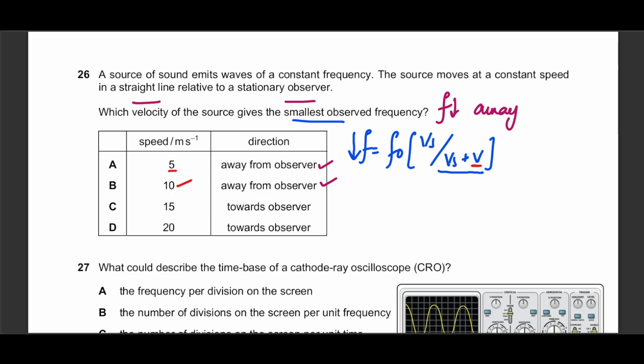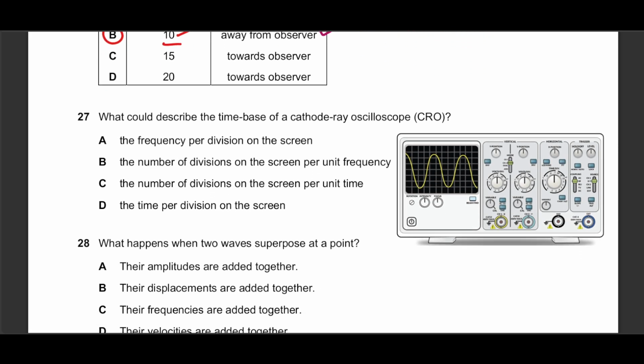Instead of 5, I would use 10. If I choose a larger number, the whole denominator becomes a larger number. This number divided by a larger number, of course, will give you a smaller answer, multiplied by the standard frequency, again giving you a smaller answer. That is why we're going to choose option B. First decision was it should be moving away from the observer to decrease the frequency. The second decision was to choose a larger value of the velocity.